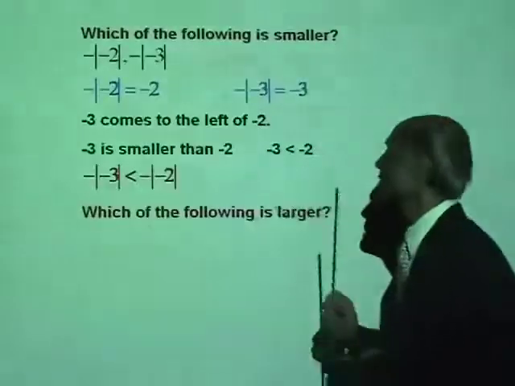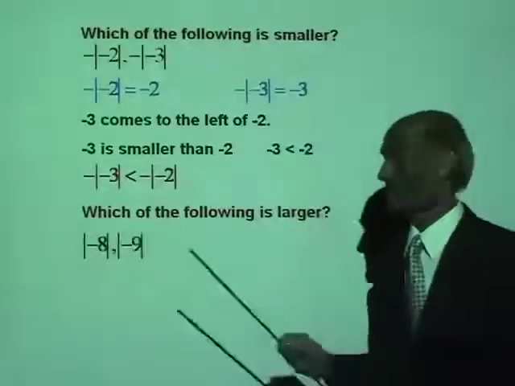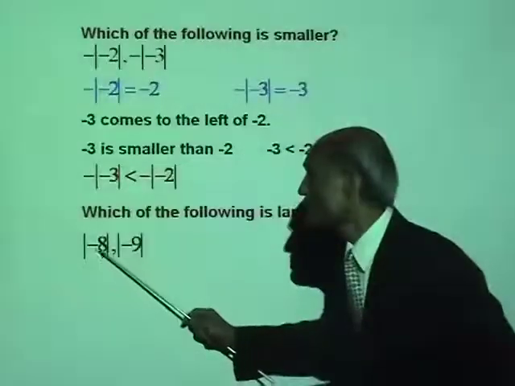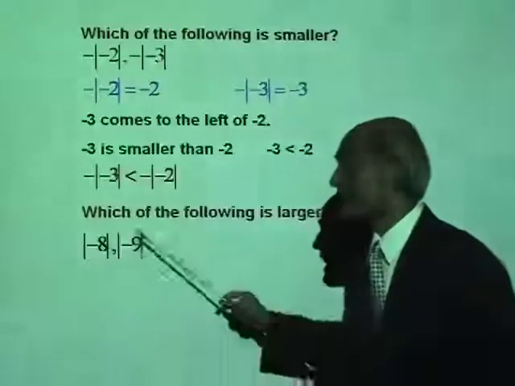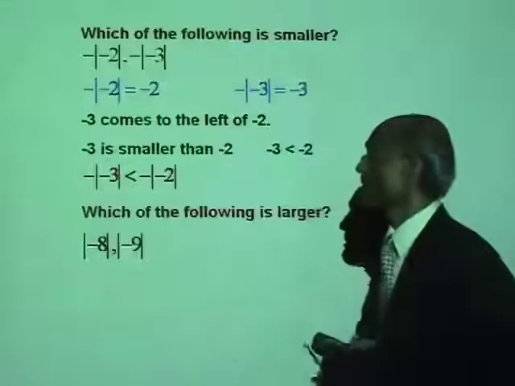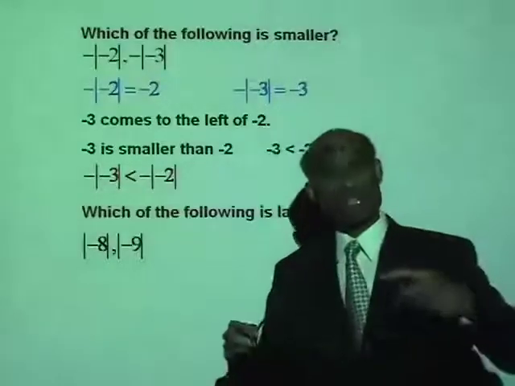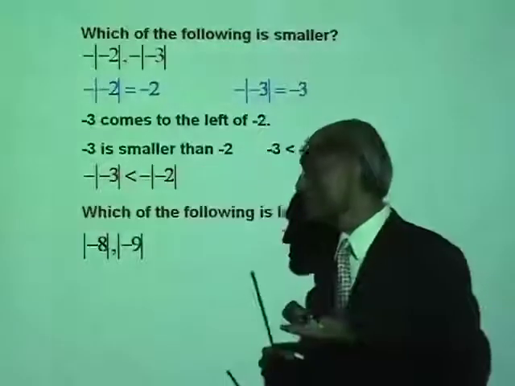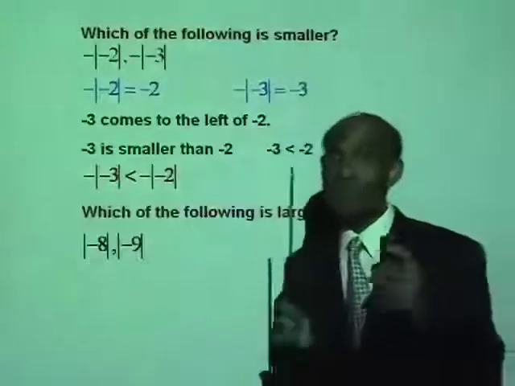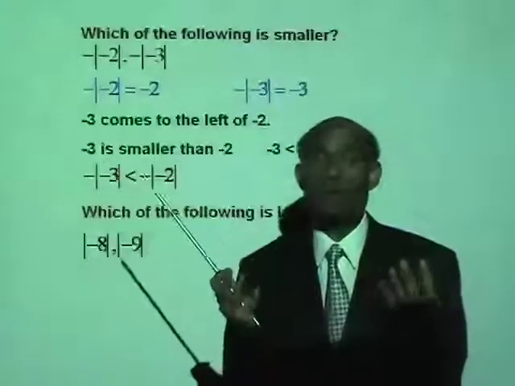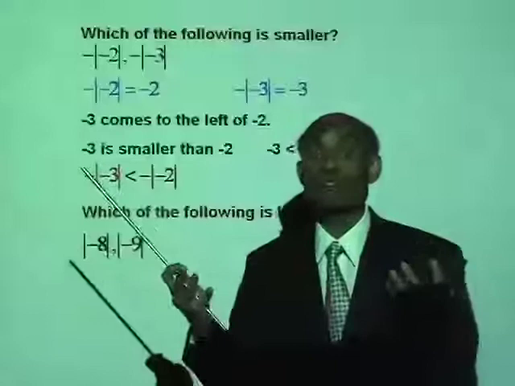Which of the following is larger? Absolute value of negative 8, absolute value of negative 9. Can you tell me just like that, which of them is larger? Knowing that absolute value of a number is always positive.